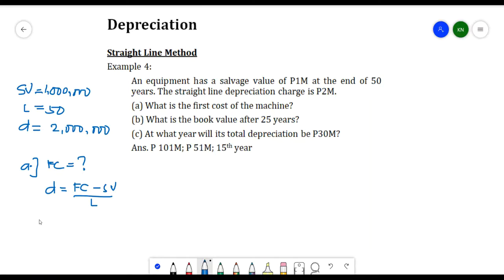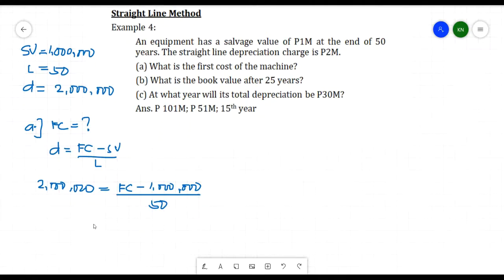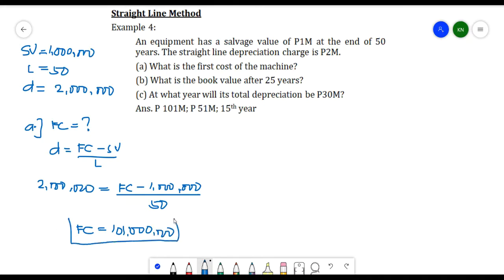We have 2 million for the D, that is equivalent to FC, which is unknown, minus SV, which is 1 million, divided by L, which is 50. So basically, our FC is equivalent to 101 million, or let's say 101M. This is our FC now. So let's box this one.